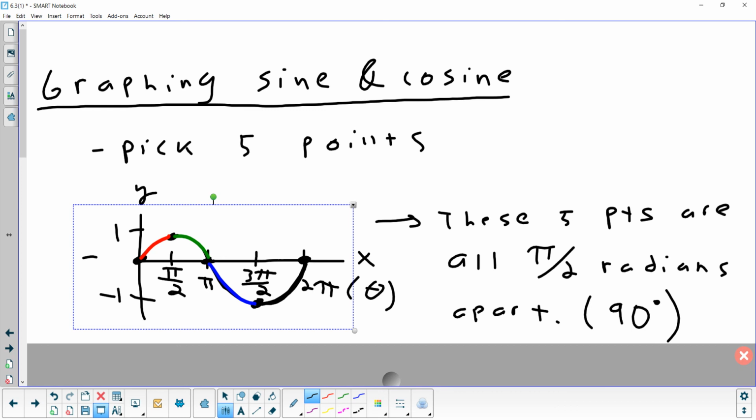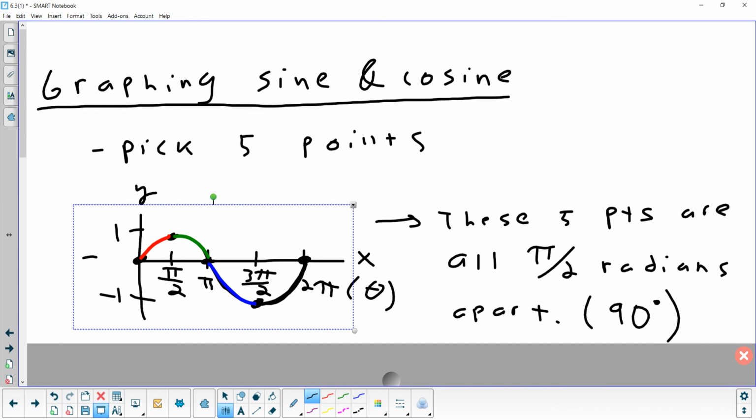And think about if you wanted to find the points here that divided the sine function into its quarters, you would have to space the points out 90 degrees. 0 to 90 is the first quarter, 90 to 180 is the second quarter, 180 to 270 is the third quarter, and 270 to 360 is the fourth quarter.